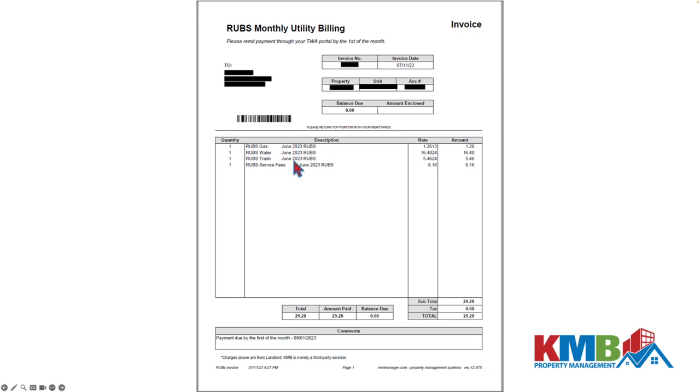For June 2023, gas was $1.26, water is $16.40, trash is $5.46, and then we've got our service fee of $6.16. So the total bill is $29.28, and it's due by the first of the month, 8/1/2023. I'm going to go ahead and pay this with my rent and make sure that it's there by the first along with rent, and that we're good to go.